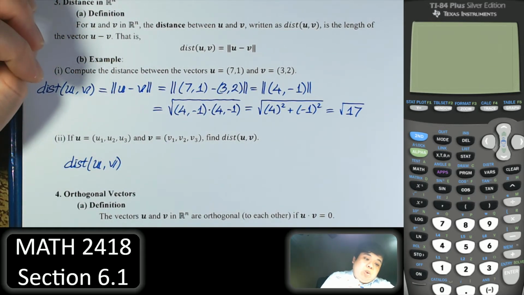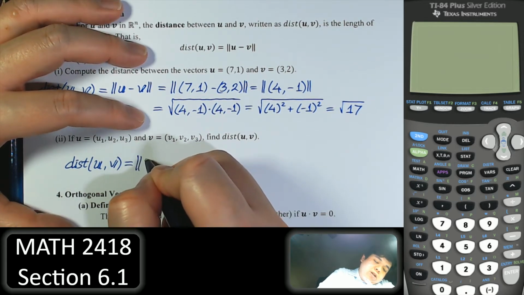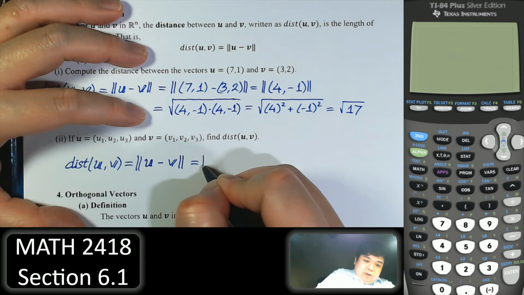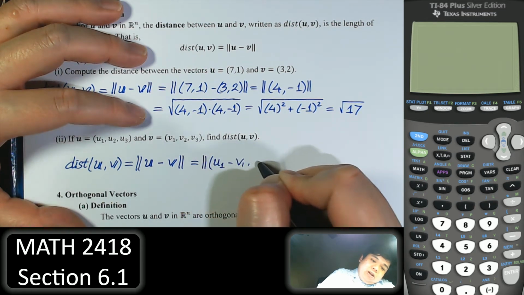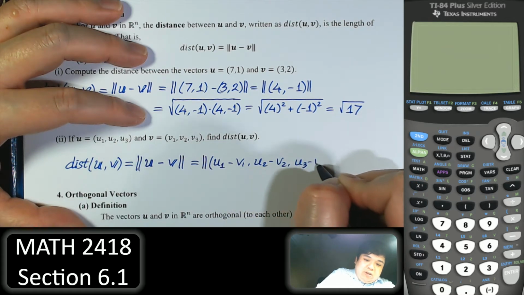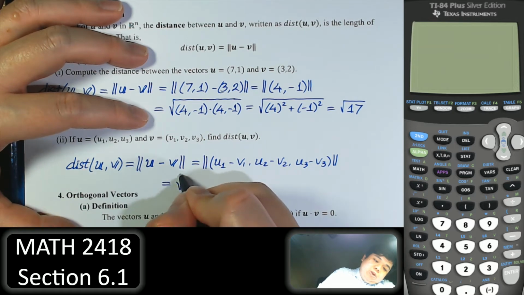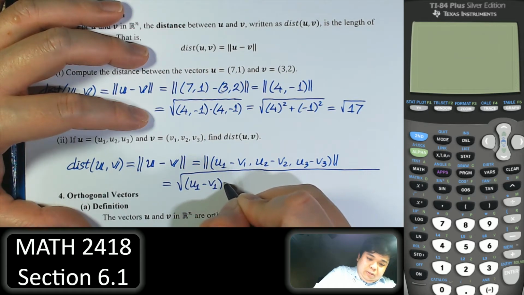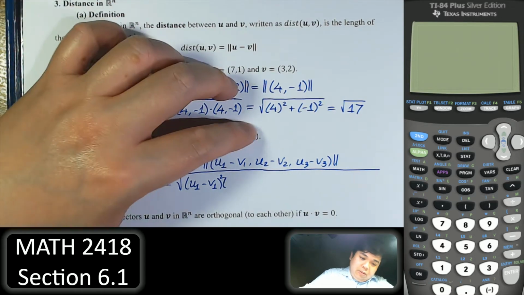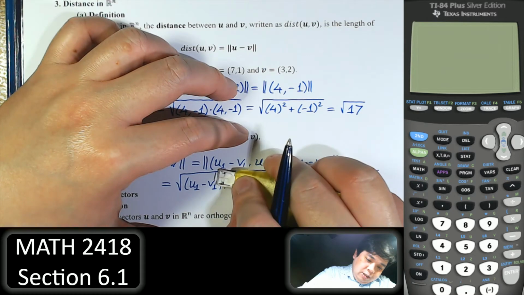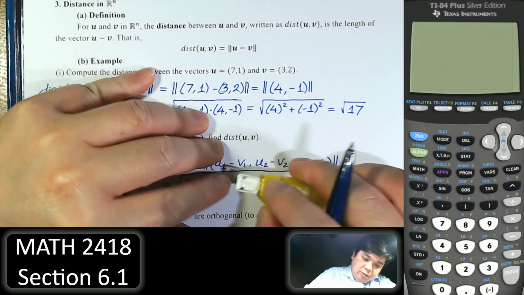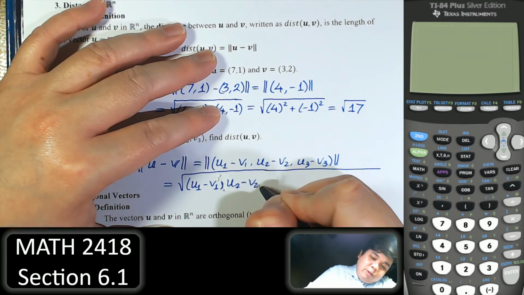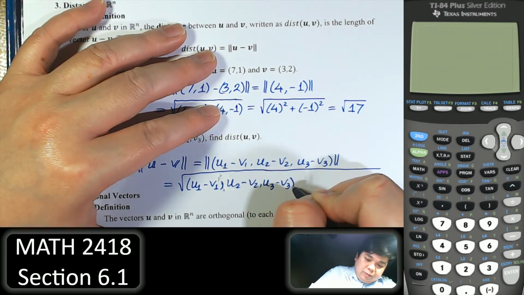Where u and v are vectors in R3 because they have three components. So pretty much we have this, and that would be the subtraction of the two vectors: u1 minus v1, u2 minus v2, and u3 minus v3, and that equals the square root of (u1 minus v1, u2 minus v2, u3 minus v3) dot itself.